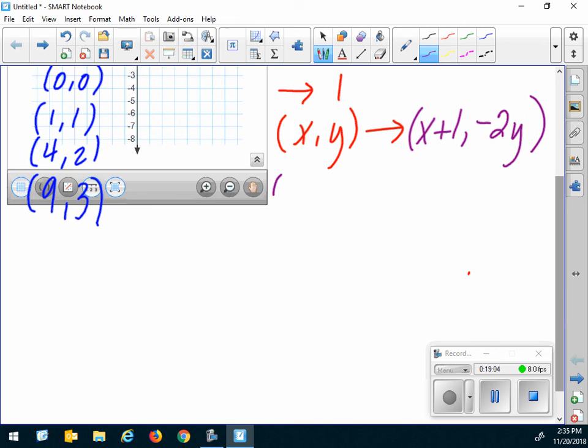Write down your 4 points and put them all through the machine.